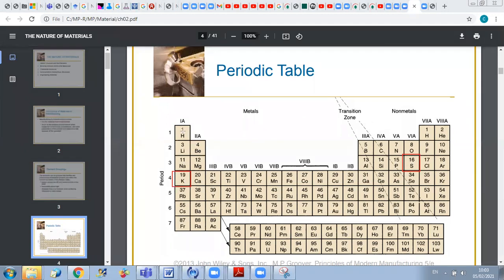Now, since K is in group 1, it will tend to lose one electron. In general, the representation of an ion can be done this way: I put the brackets, I put the element, then I put the corresponding charge. So it will give the ion K+.